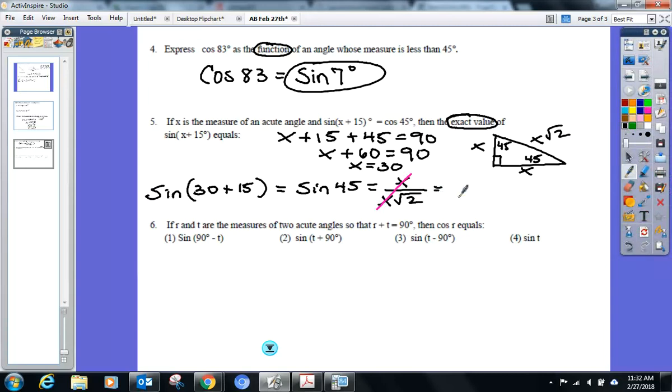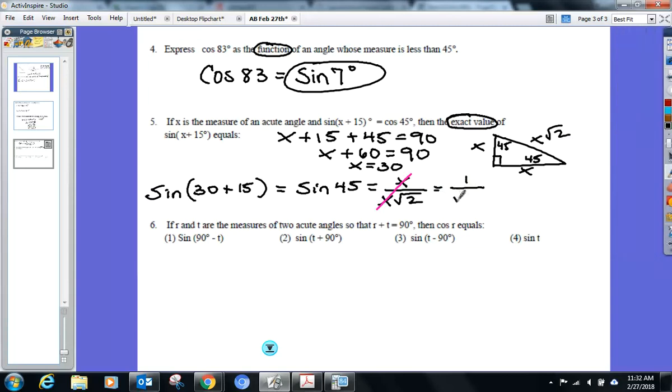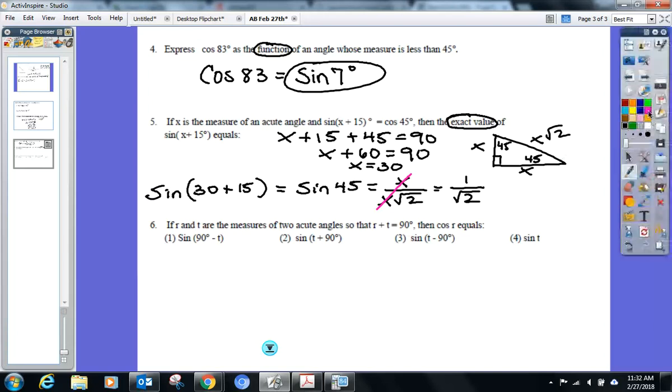What's left? 1 over radical 2. Emily, what's wrong? Yeah? No radical in the denominator. How do I get rid of it? Oh, it's radical 2 over radical 2.